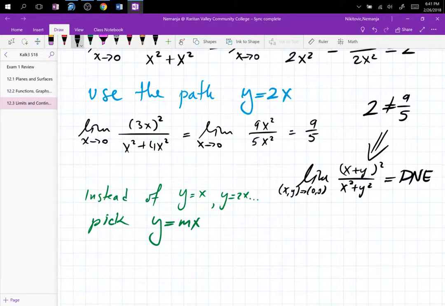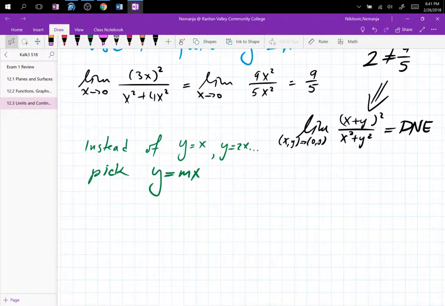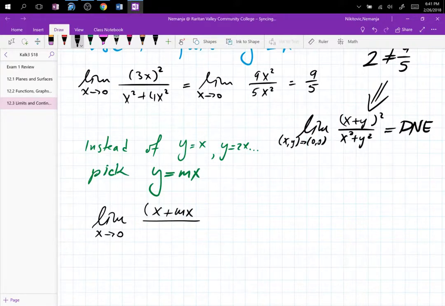Let's see what happens. So I have the limit as x goes to 0 of x plus mx, squared, divided by x squared plus mx squared.